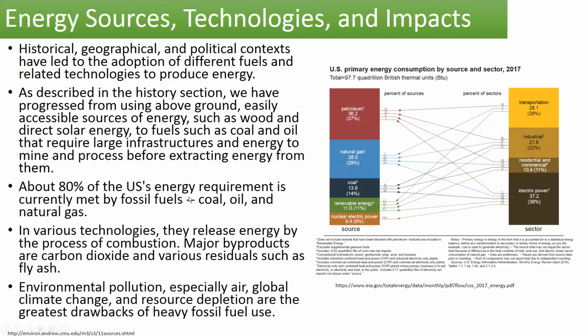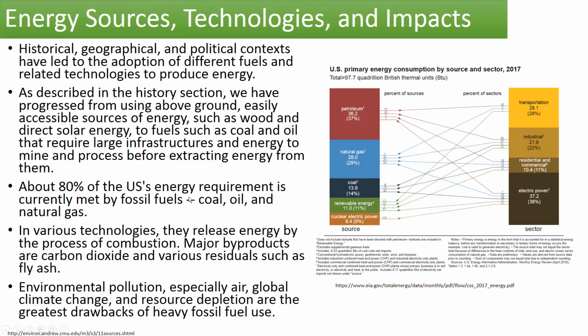So let's move forward on the presentation, and now let's talk more in general about technology and its impacts. This graph on the right shows us the primary energy consumption by source and sector in the United States in 2017. On the left, the energy consumption from petroleum accounts for 30% of the whole.